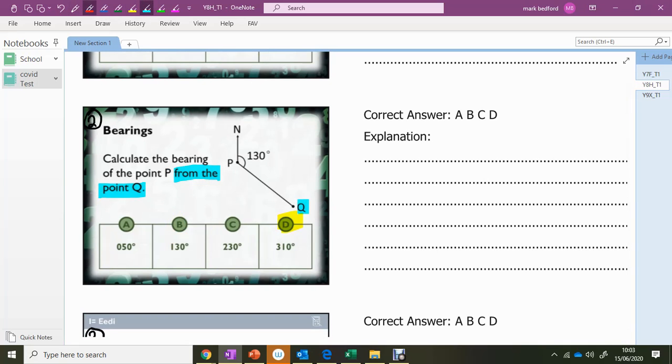From this point, we imagine we have our north line drawn like this, and I want to work out how much it is to turn around going clockwise until I can face this direction of point P. If I did a little dotted line like this, this angle here is 130 degrees, and this angle here is 180 degrees. The whole of that angle, which I've marked here, will be the 180 plus 130, giving you answer D, 310.